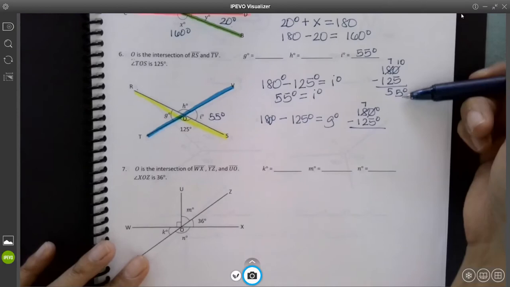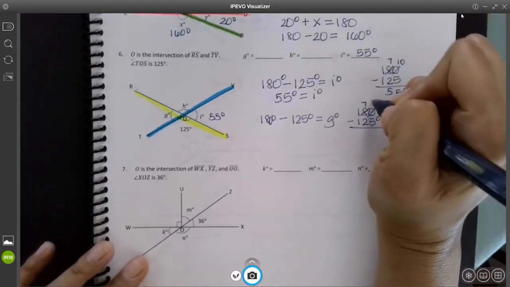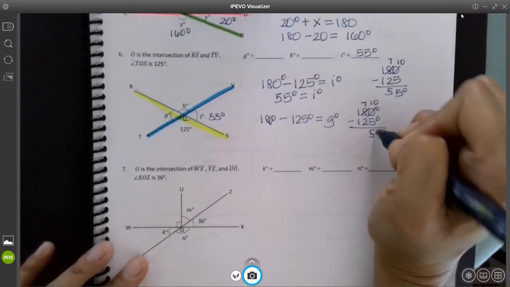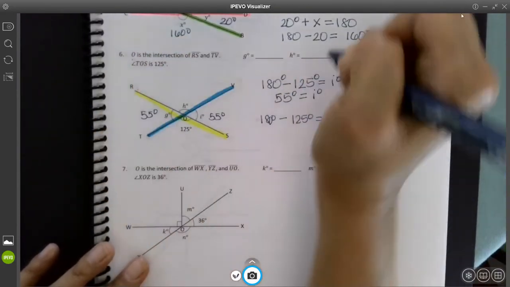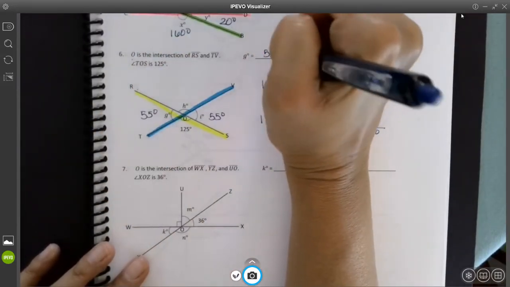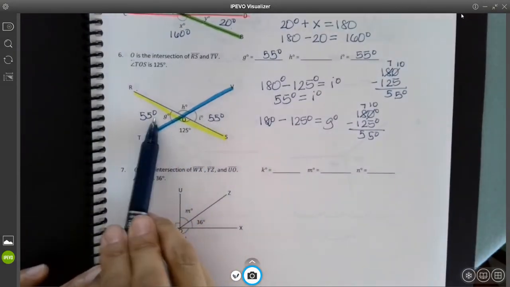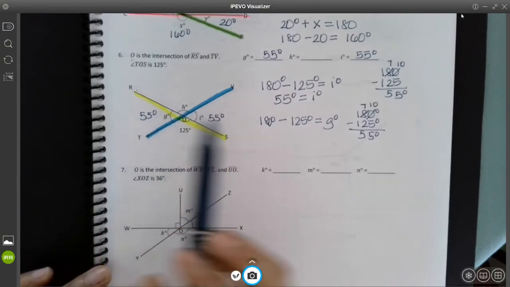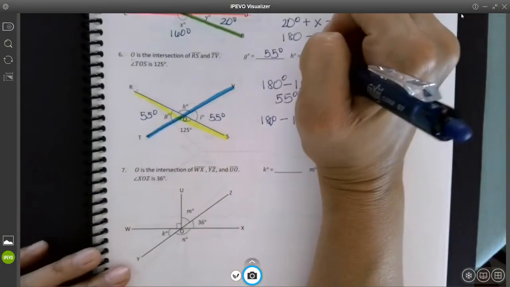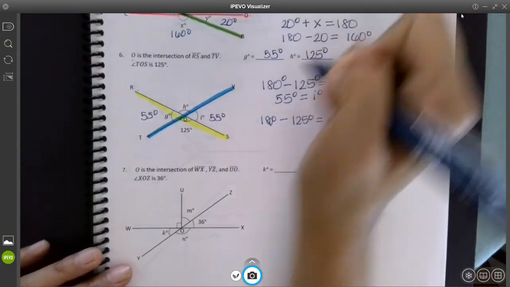It looks like I'm doing the same problem, isn't it? I am. 55. Again, we can show that the angles formed when we intersect lines will be the same when they are across from each other. So by knowing that, I know the other angle is 125.